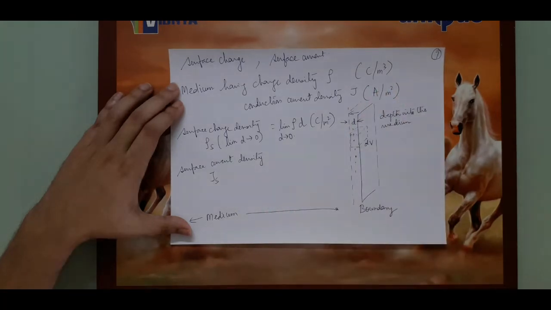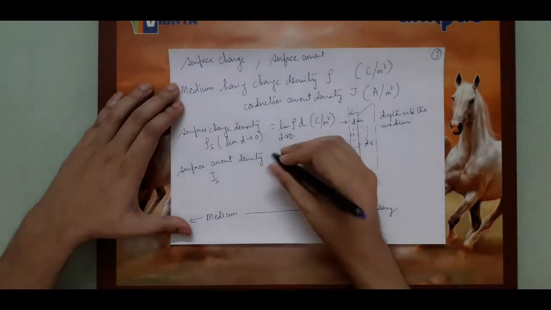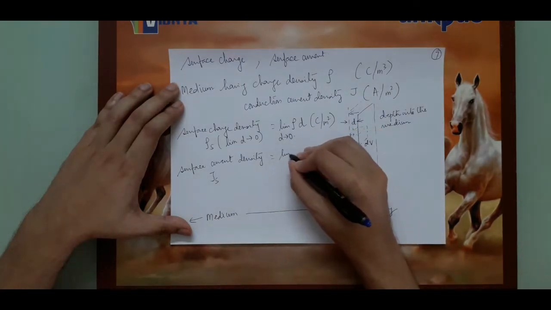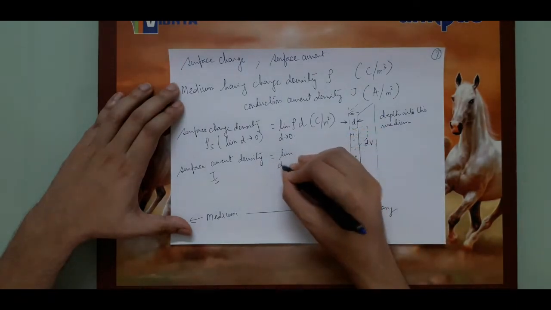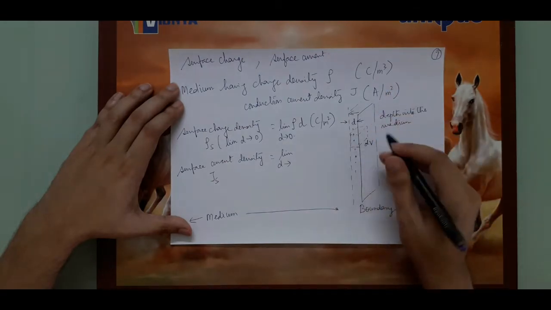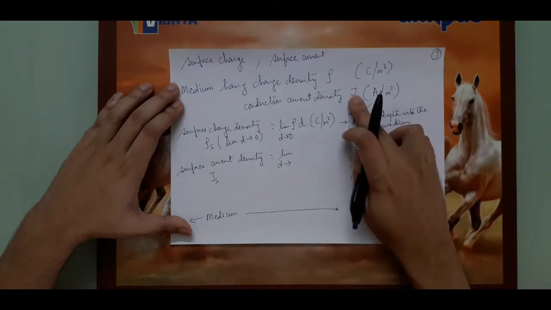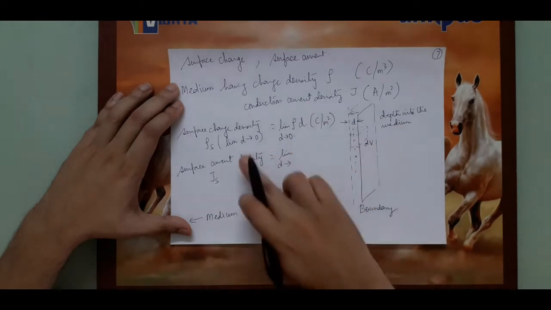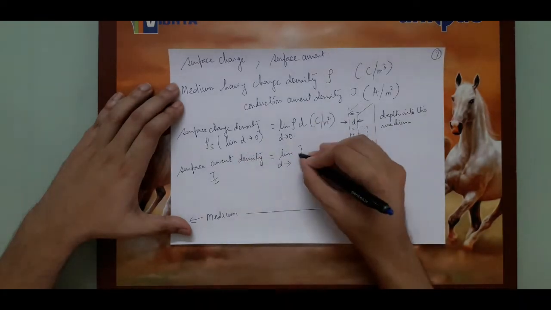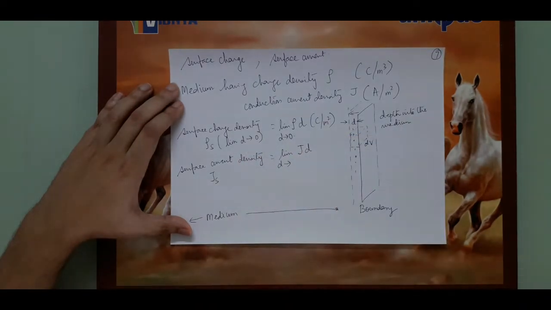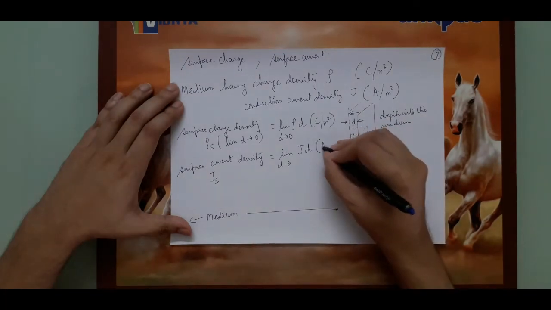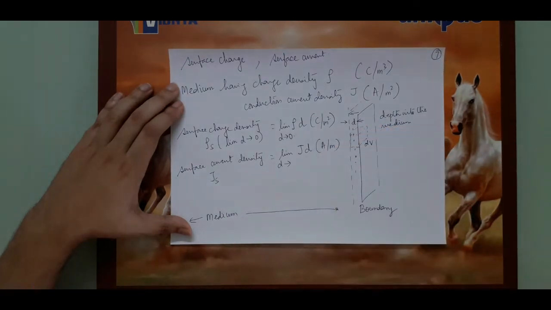That is nothing but, again, limiting d tends to 0, the conduction current density multiplied by the depth, that is J times d, and the unit of this now will be ampere per meter.